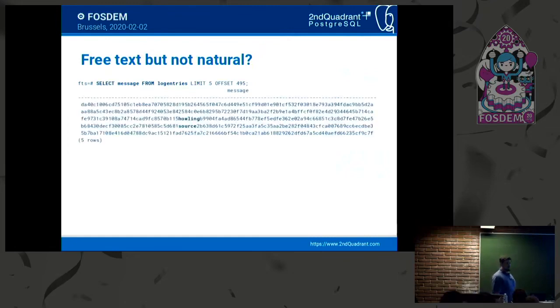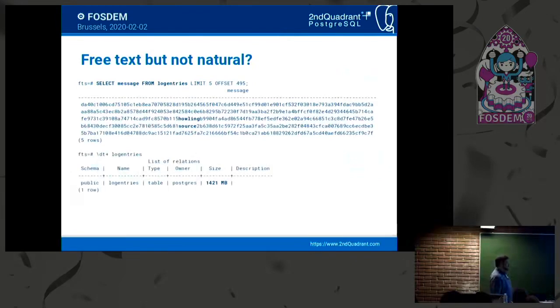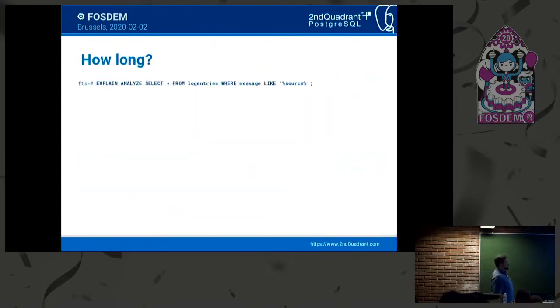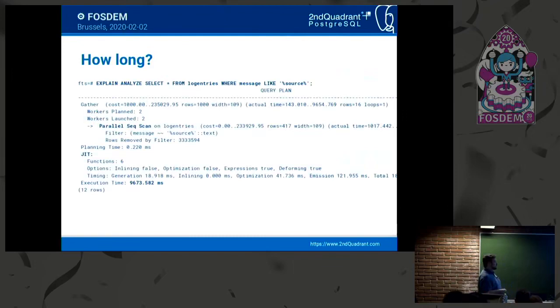They look like this, barely readable, barely useful for full text search, and the table is about 1.4 gigabytes. The query that we're interested in speeding up is select star from log_entries where message is like '%source%'. So you don't know anything. You're interested in the word source, but you don't know what precedes it and what follows it. So how long will this take? The parallel sequential scan shows that it took 9.6 seconds. As we said, too slow.